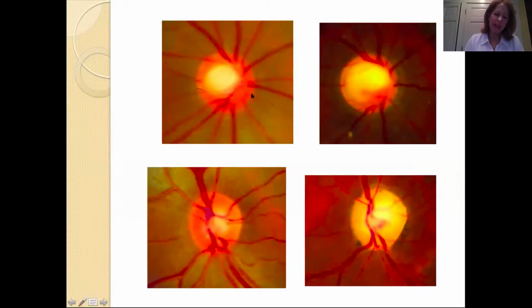Back in the 80s, before I met him, he had these beautiful photographs with nice rim tissue in both eyes, nice pink tissue in both eyes, intact rim anatomy. And then he was a young person that had very, very high pressures as high as 47. And when I met him, he looked like this.